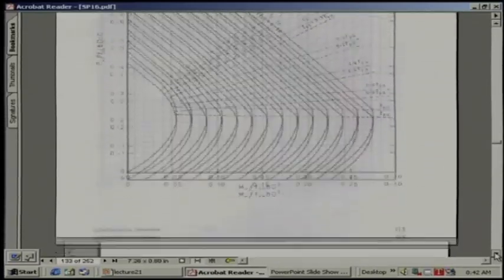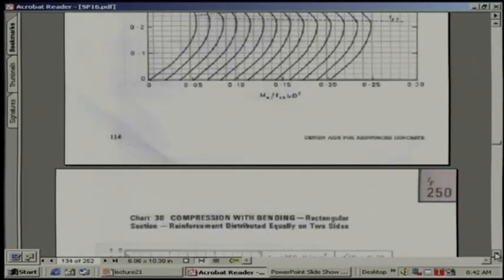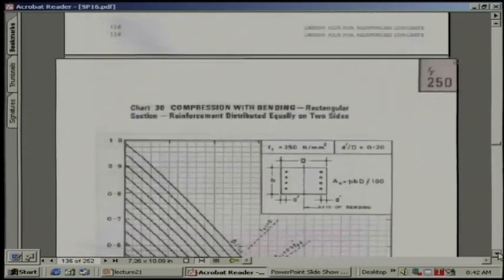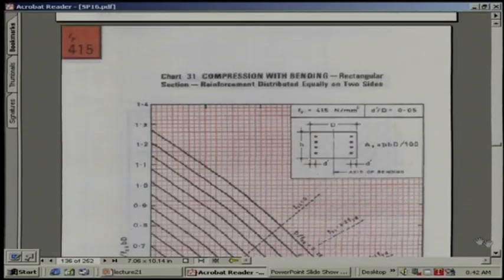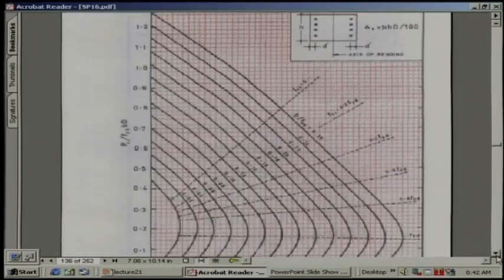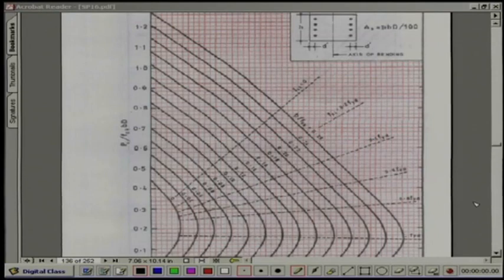Let us take a particular chart. This is for Fy 250, that means mild steel, but since we are using Fe 415, we have to use the Fe 415 chart. What we shall do here, yes, one sec.